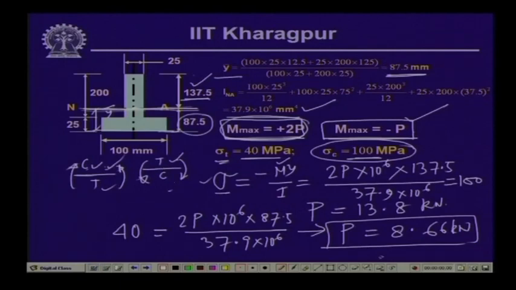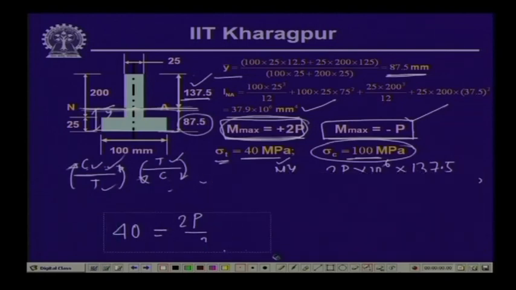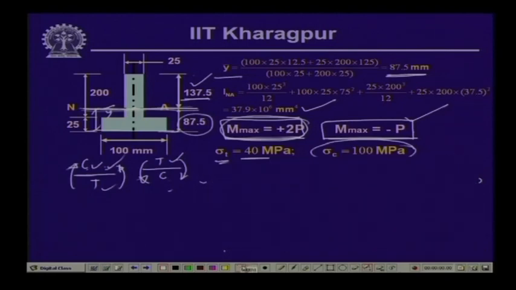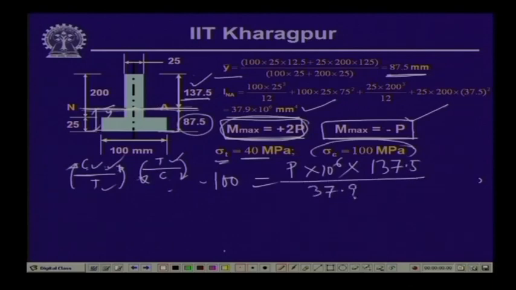Now, if we compute the stresses from which we can get the value of P, the tensile stress at top, which is 100 MPa, is equal to P into 10 to the power 6 into y, which at the top is 137.5, divided by 37.9 into 10 to the power 6, and this gives us a value of P equal to 11.03 kilonewton.